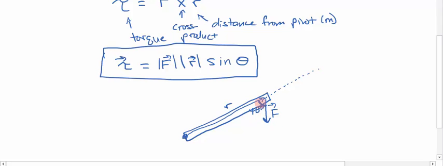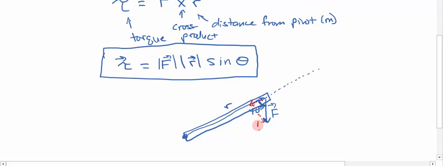You can see how this force has a component that goes out this way and a component that goes over this way. Okay, I'm going to use a different color here. So we have two components, this component and this component.